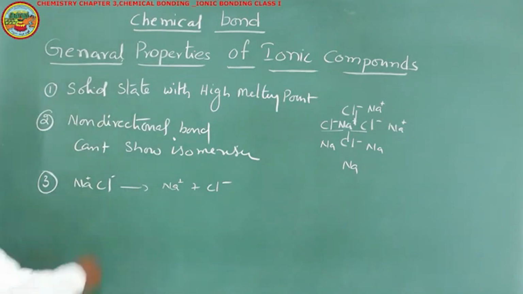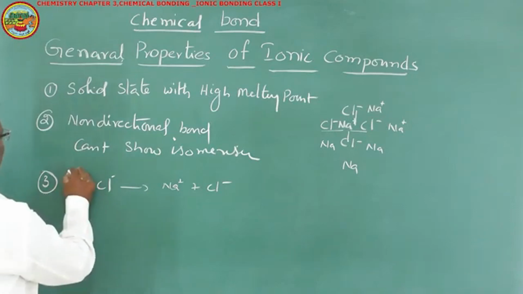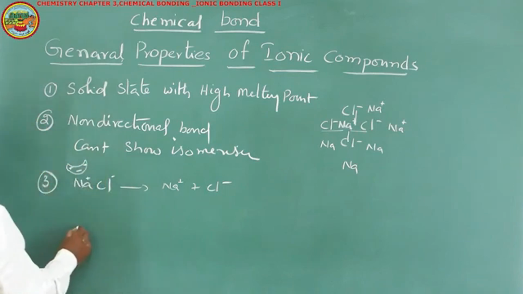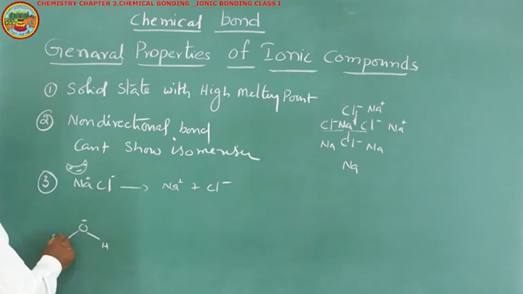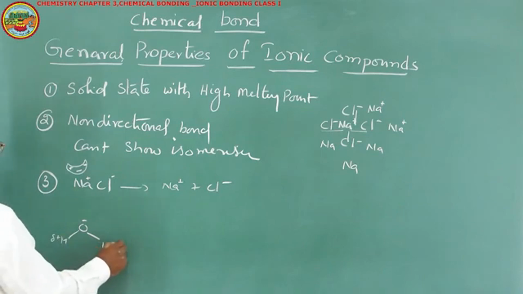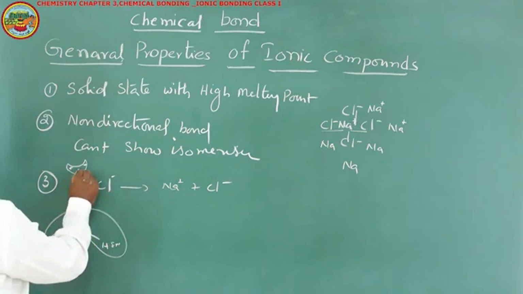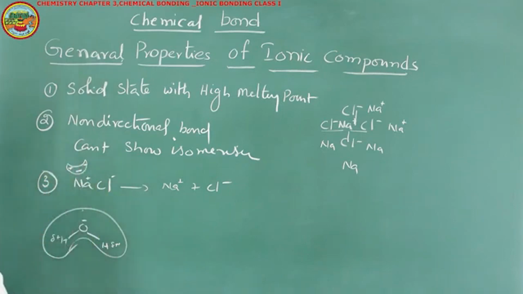Because in polar solvents, you will have a negatively charged end and a positively charged end. For example, in the H2O molecule, oxygen is bonded with hydrogen like this. Here you have partial negative charge, here you will have partial positive charges. So in the center you will have negative charge and at the ends you have positive charge.